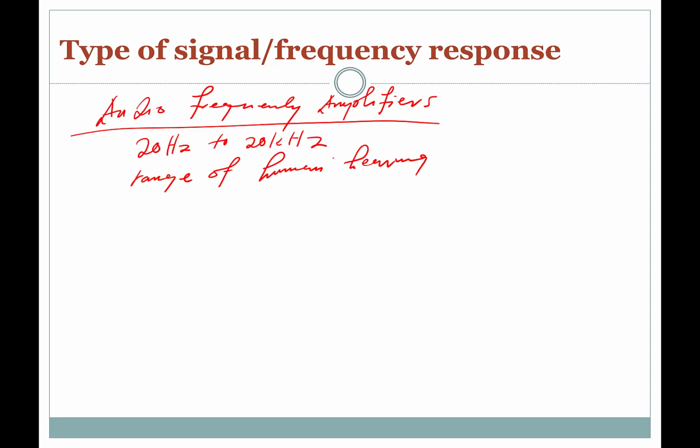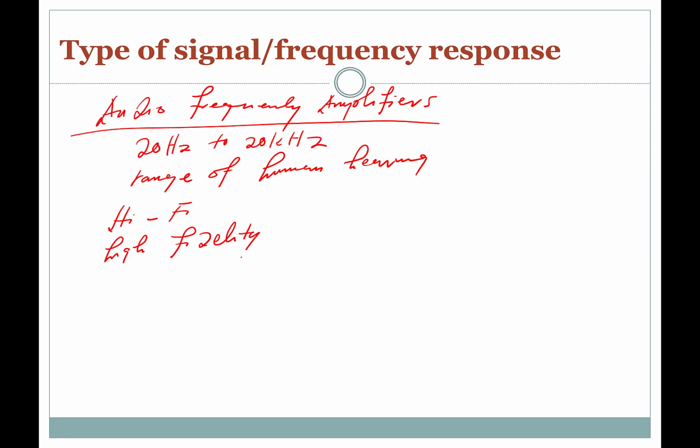Now, in some cases, although the audio frequency amplifiers would amplify signals within the range of 20 hertz to 20 kilohertz, there are some hi-fi audio amplifiers. When we say hi-fi, all that it means is high fidelity audio amplifiers.